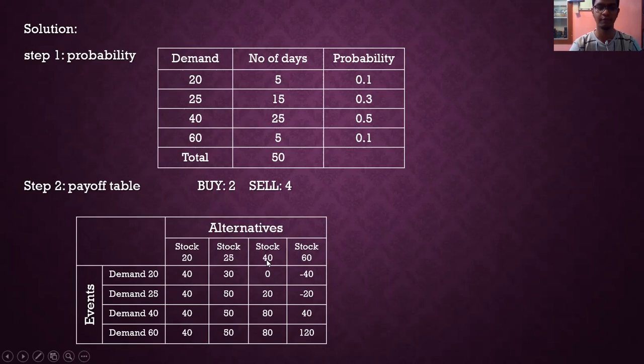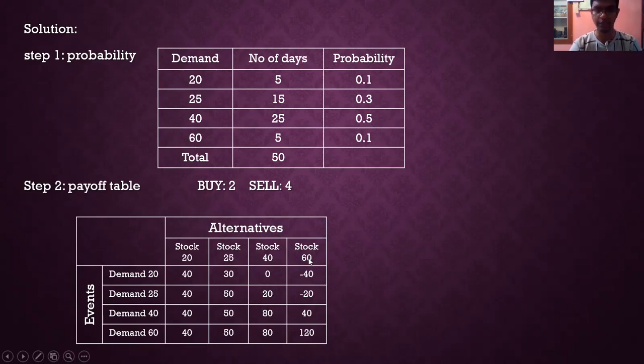So here we can meet 25 demands. So 25 into 2 will give us 50. So that particular 50 we are writing here. So the rest, 15, which is unsold, will be deducted from our profit and the balance will be written here. So the 20 will be written here.